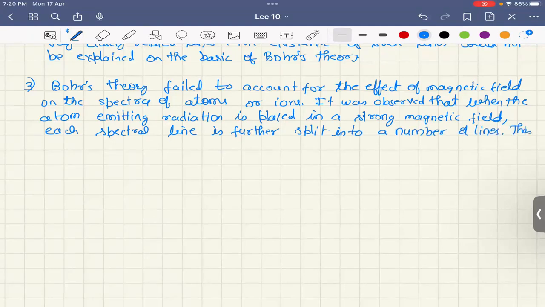Right? And this phenomenon is known as the Zeeman effect. So it could not explain the Zeeman effect.